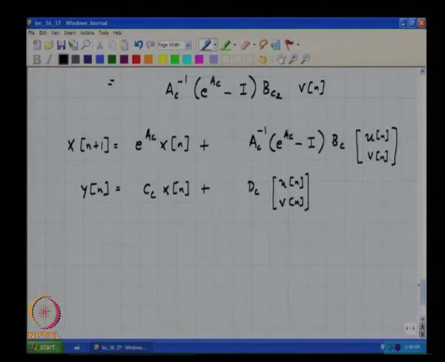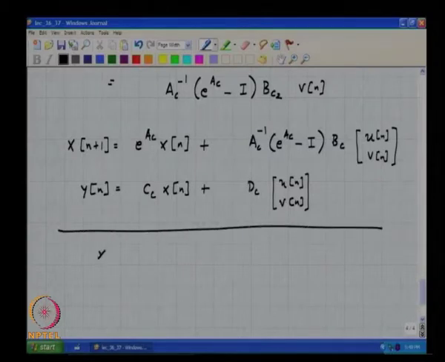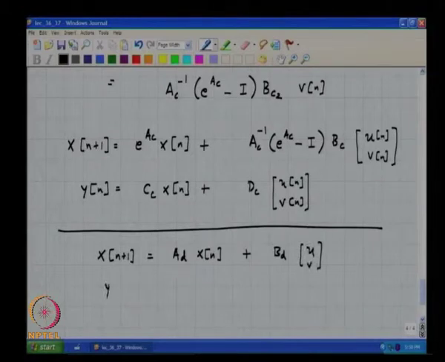You now compare this to the standard formulation for a discrete time system, which is x of n plus 1 is A d x of n plus B d times u and v, and y of n is C d x of n plus d d u and v.